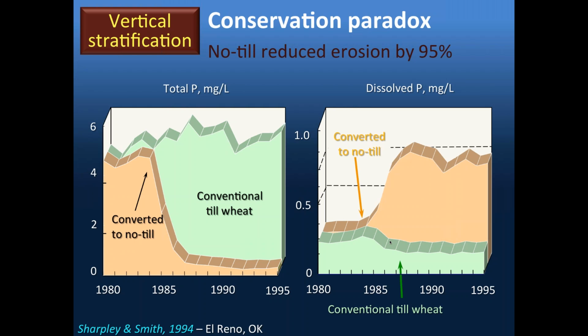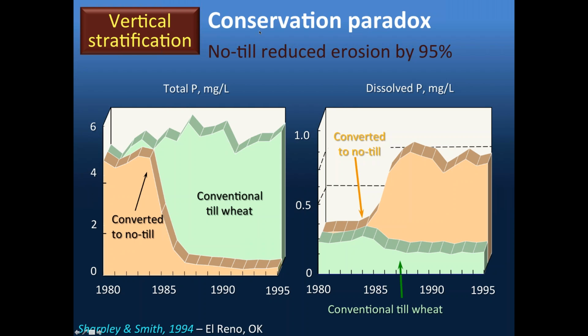But when you looked at the dissolved phosphorus, and note that these are on different scales, we're going up to 6 milligrams per liter for total phosphorus. For dissolved, it's 1. There's less phosphorus leaving the field, but the dissolved phosphorus concentrations go up after they impose no-till. And that is because they're accumulating phosphorus very quickly on the soil surface, and that phosphorus is in what we call the effective depth of interaction and is available to the runoff water.